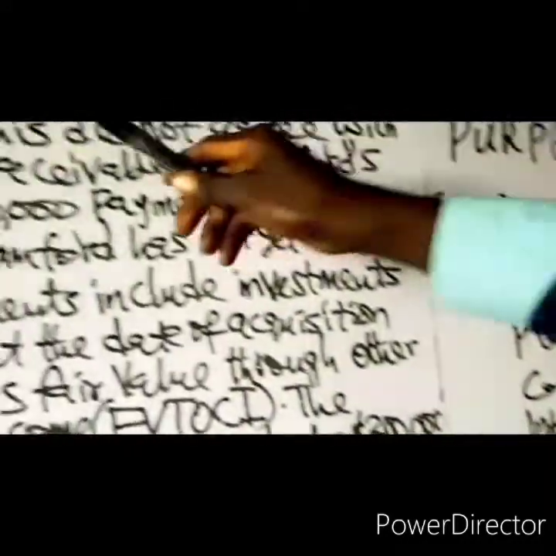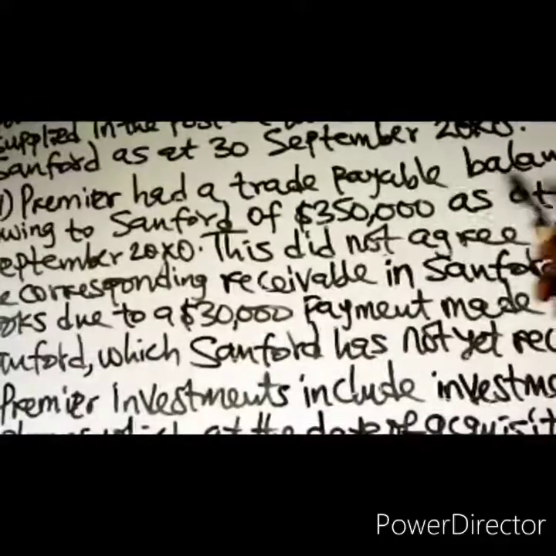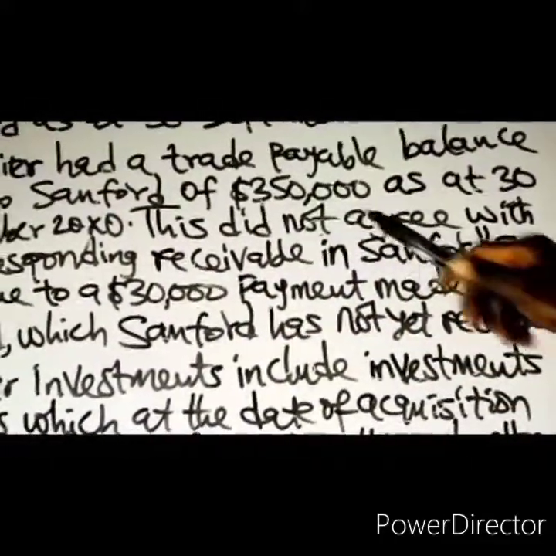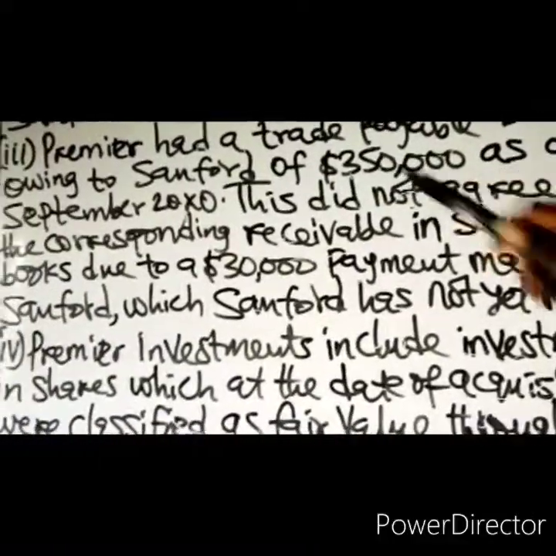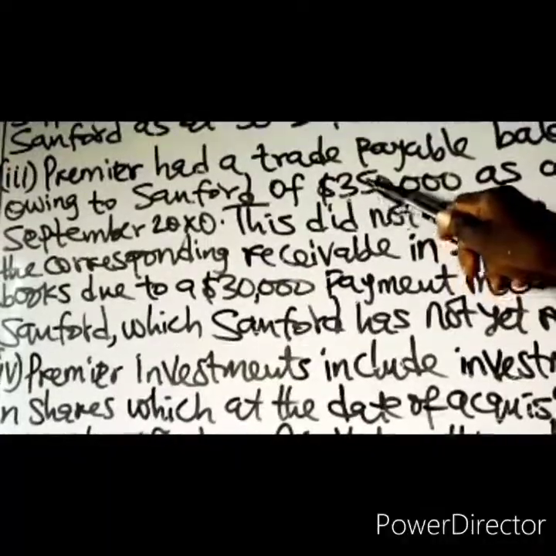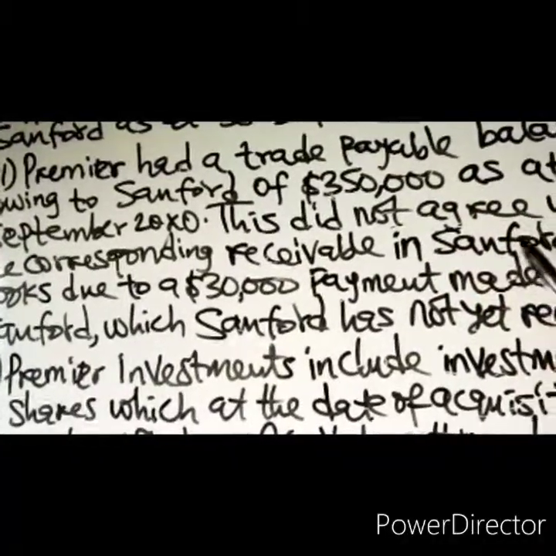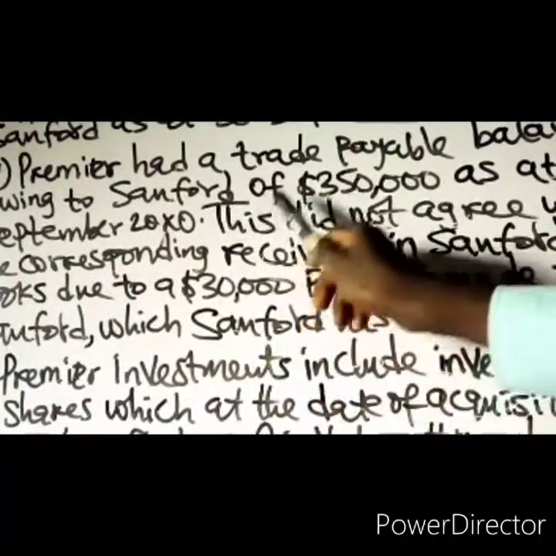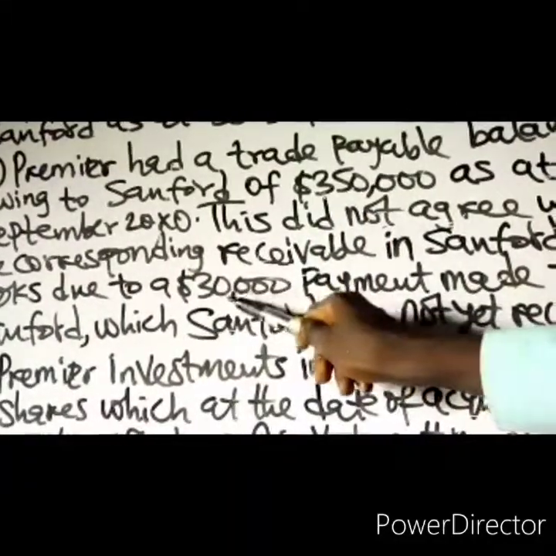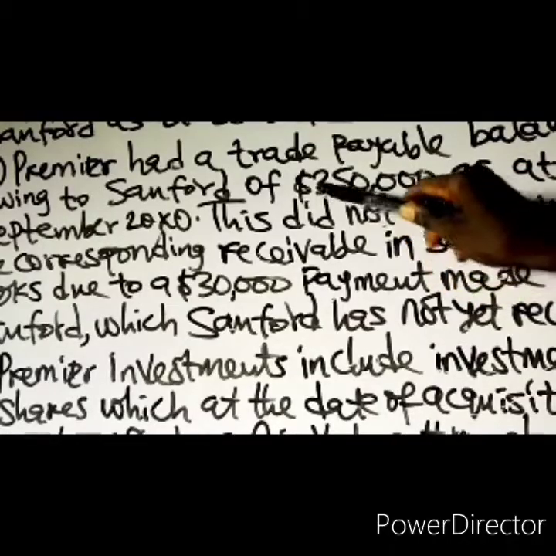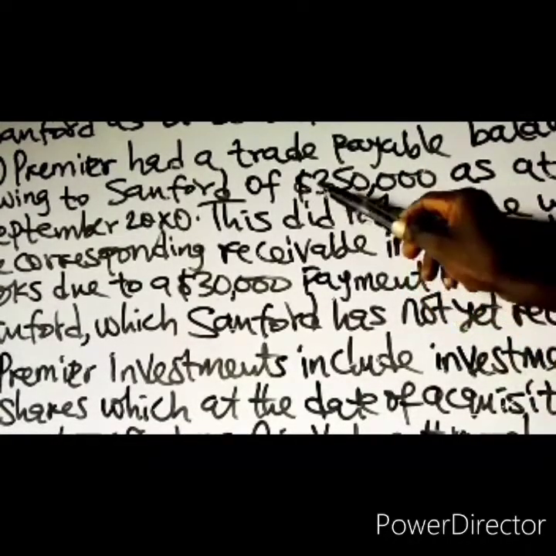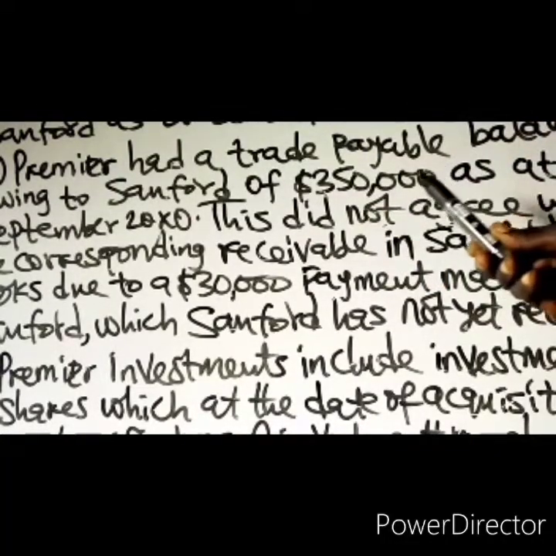Back to note 3. Premier had a trade payable balance owing to Sanford of $350,000. This is what Premier has as payable. What Premier is going to disclose as payable will reduce because Premier has paid $30,000 from what it was owing. So if you subtract $30,000 from the entire receivable, it is then that you have the $350,000. That means the receivable should be $380,000.